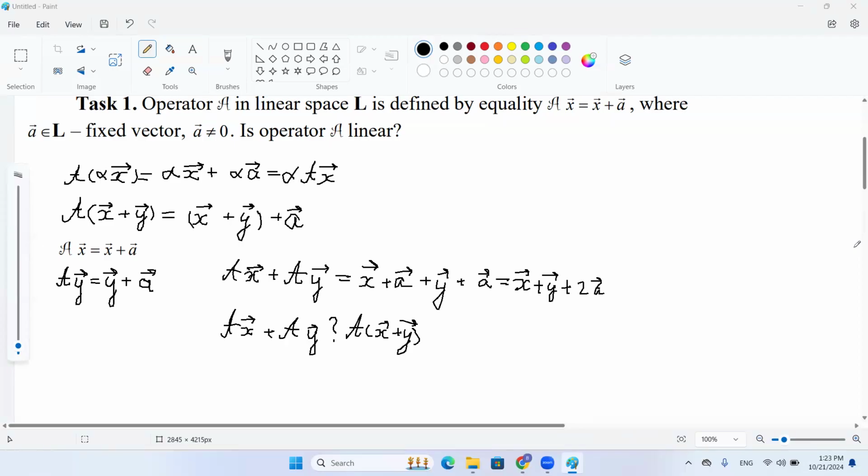Who wants to be the first? Mykola? I think they are equal. Are you sure? Look attentively at this and at this. What can you see?